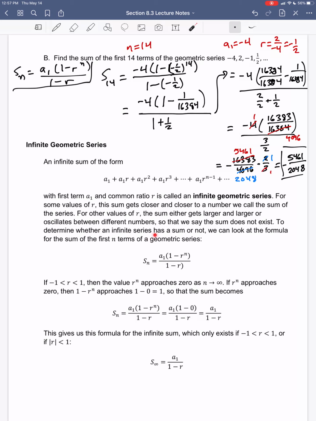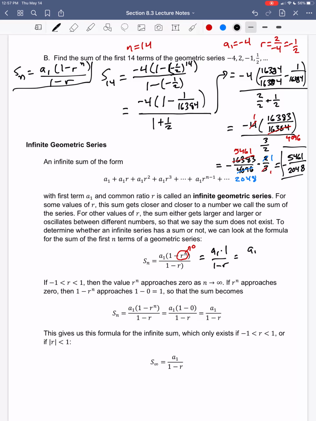So to determine whether an infinite series like this actually has a sum or not, we can look at this formula here. If r is between negative 1 and 1, then this value here, r to the n, gets closer and closer to 0 as n goes to infinity. If r to the n goes to 0, then the top will approach a sub 1 times 1, over 1 minus r.